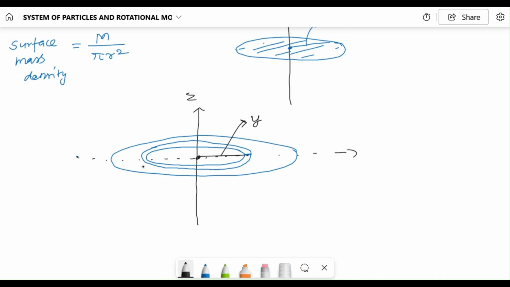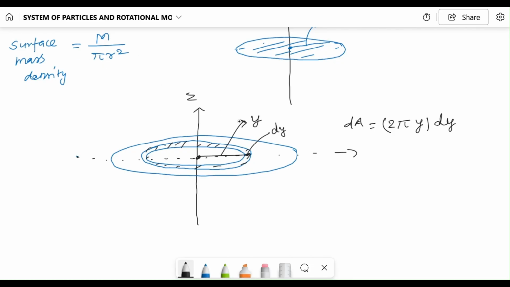The length of this elemental rim will be 2 pi, and the radius is here y, so 2 pi y. And if you want the surface area of this rim, it will be circumference times its thickness or width here. So this is, let's say, a very small width dy. So it will be 2 pi y dy. Now its surface mass density is this much.